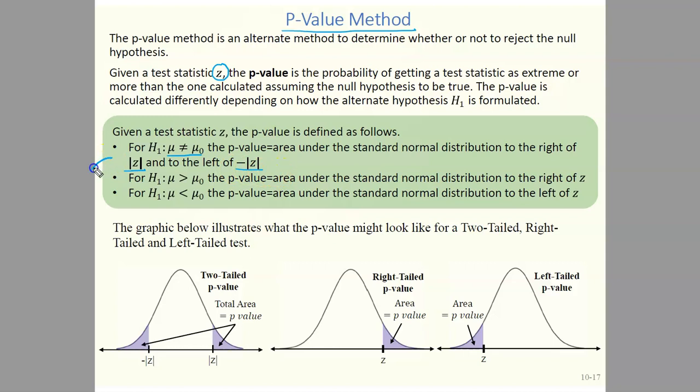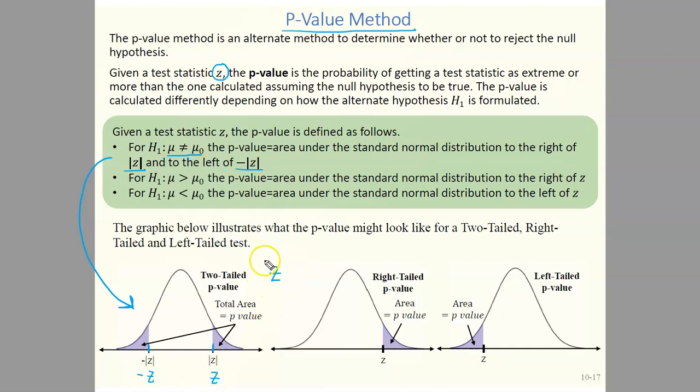Now down here we have a graphic for this first case. So you have your standard normal curve right here. Now the first thing you do is you calculate your test statistic z and you take its absolute value. You mark the absolute value off right here and negative the absolute value right here. Now if your test statistic is positive, then this is just going to be z, of course, and this is going to be negative z.